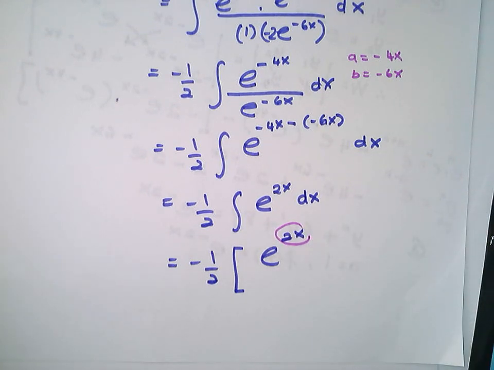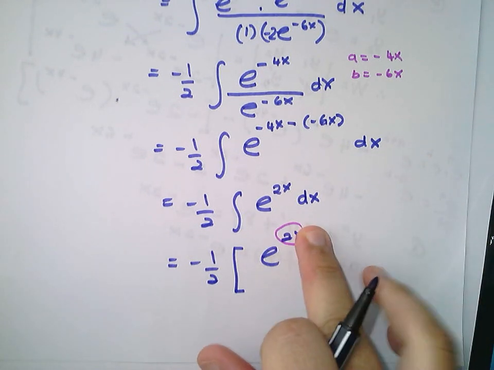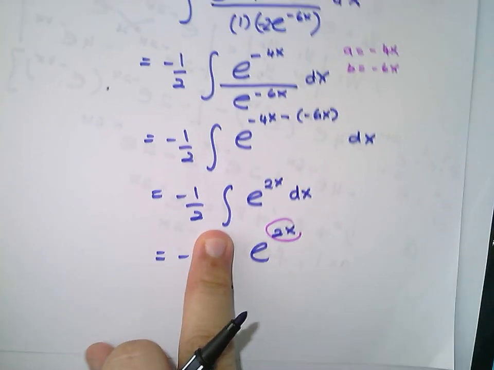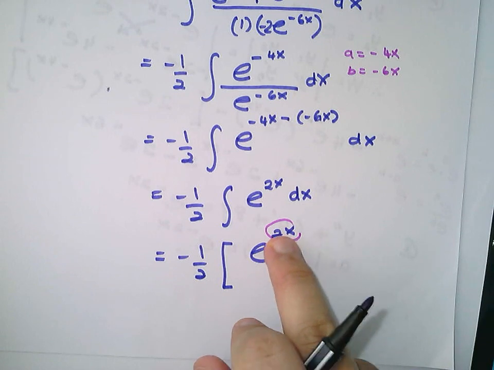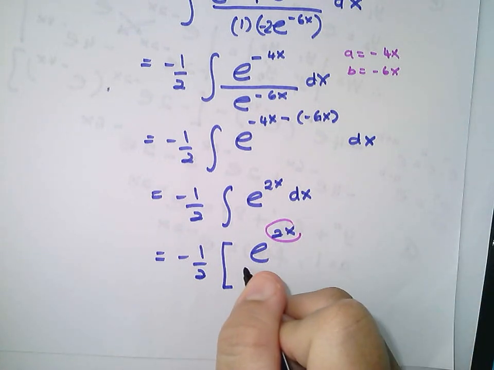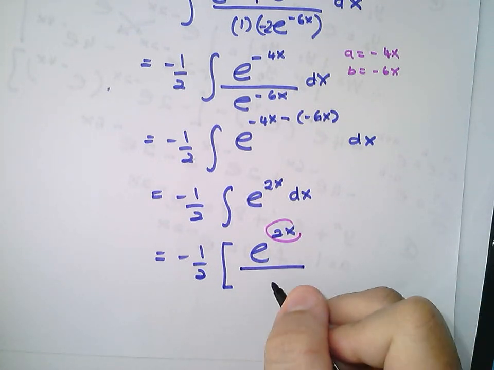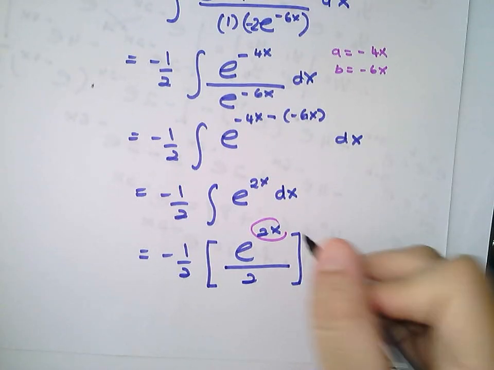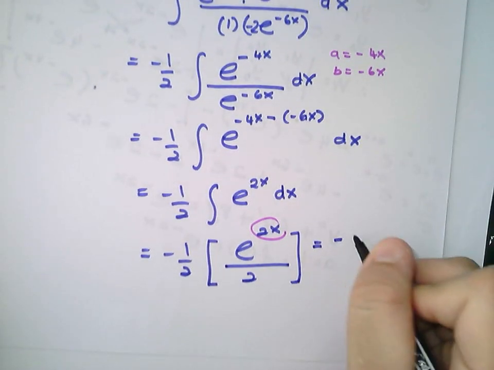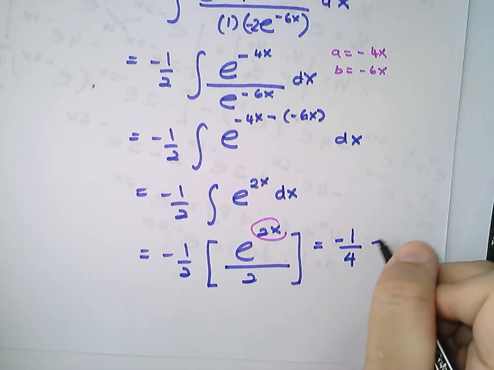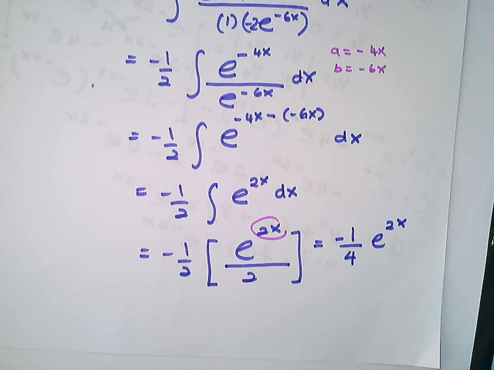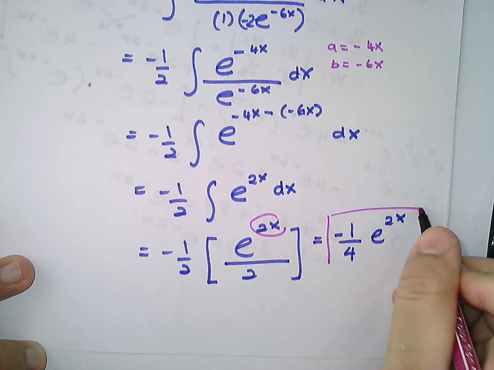For the differentiation process, the power we multiply in front, but for the integration process, we integrate the power but we put it at the denominator, so you will have 2 here. Therefore this one is equal to negative 1 over 4 exponent 2x. Now this is your v and this is your u.